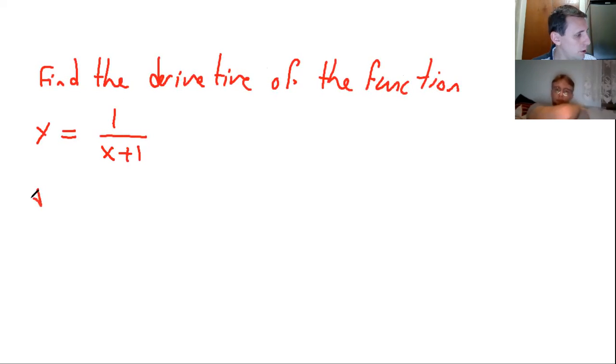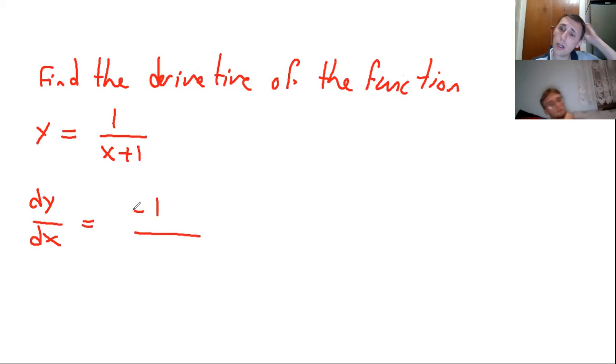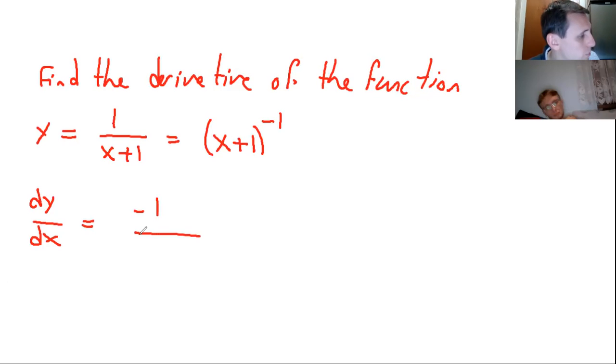What do you say? dy dx equal to -1 over, you can use your chain rule. So it's x plus 1 to the power of -1, and by chain rule the -1 drops down, you have -2, and then the derivative of the inside is 1. So it will be -1 over x plus 1 squared.